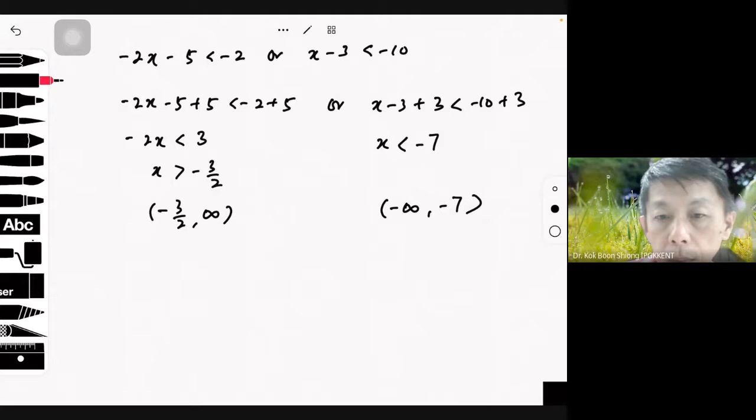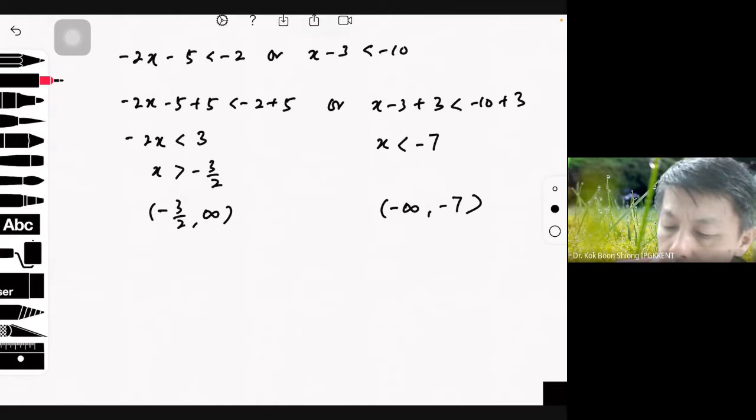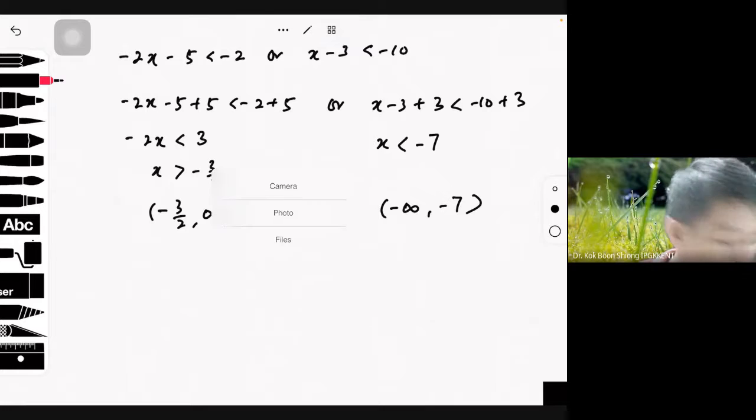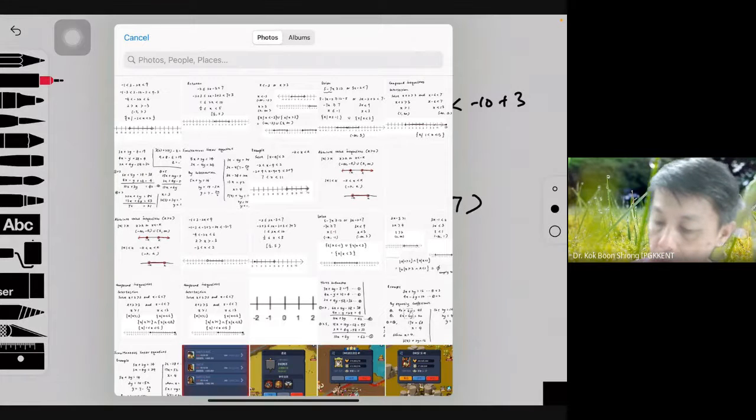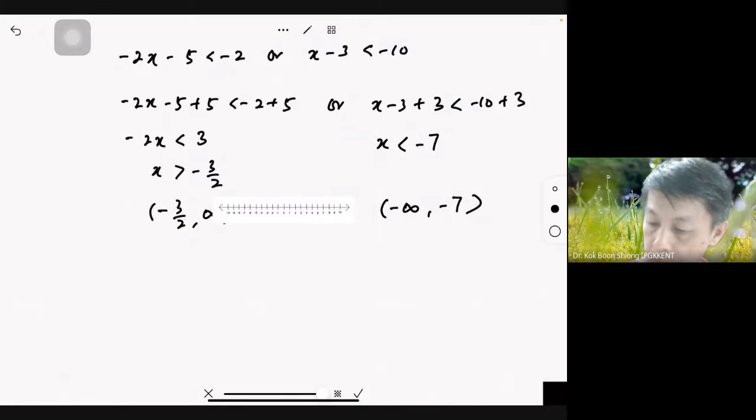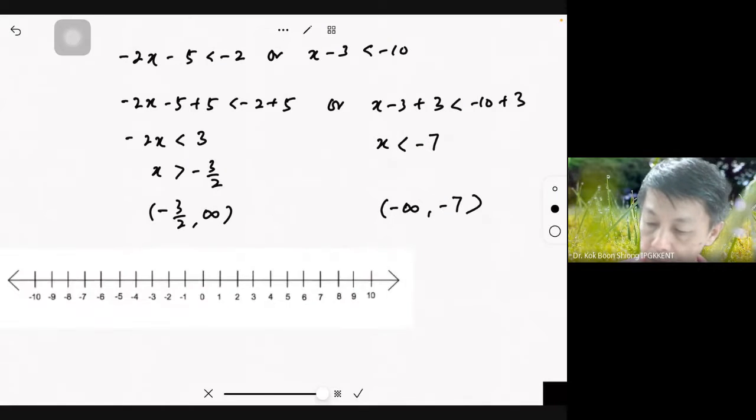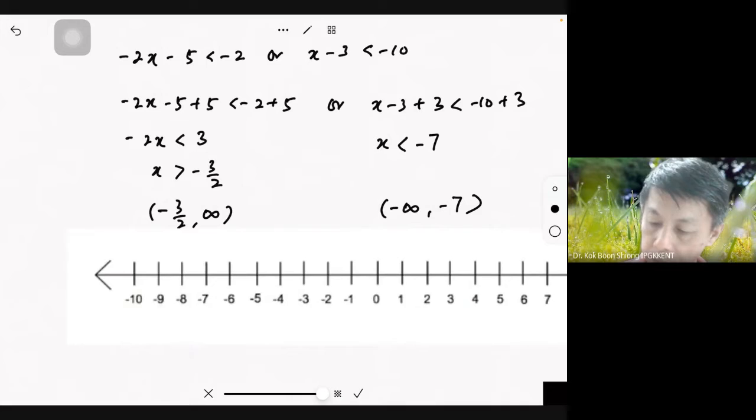Then you draw on the number line. I think you have no problem. Should be negative 7, negative 1.5.